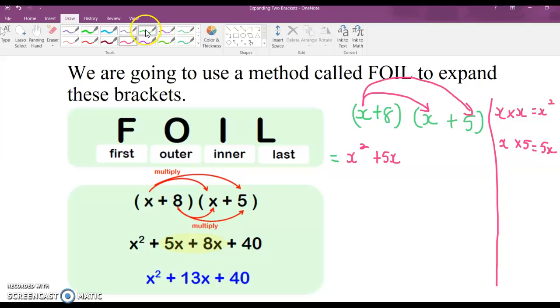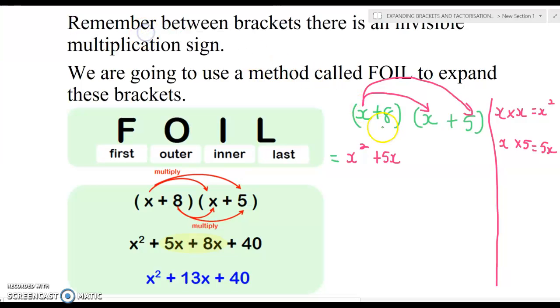Let's look at this 8 now. So 8 by x, right? So now these are my two inner terms. 8 by x, so this will be plus 8x, and then 8 by the last term, so 8 by 5, that's 40.